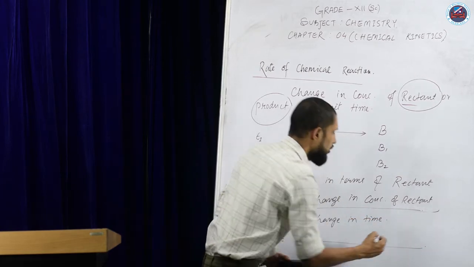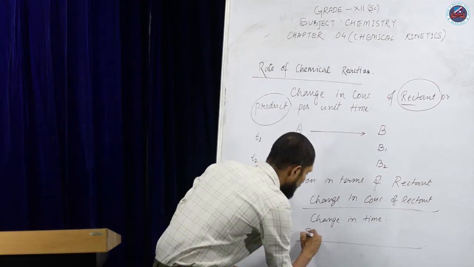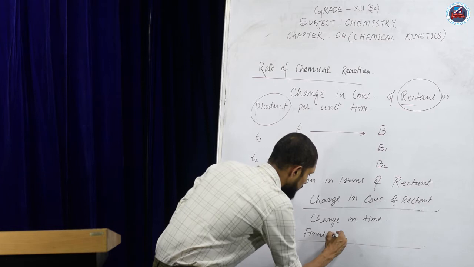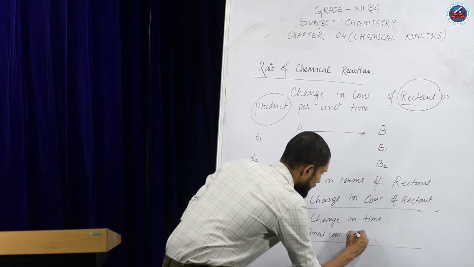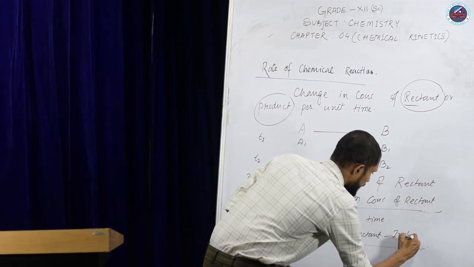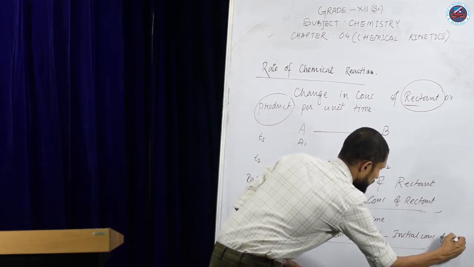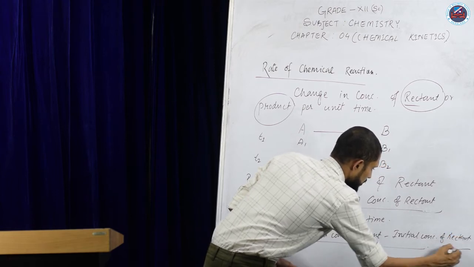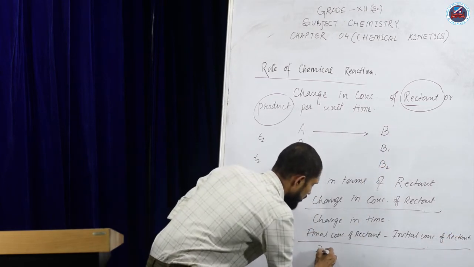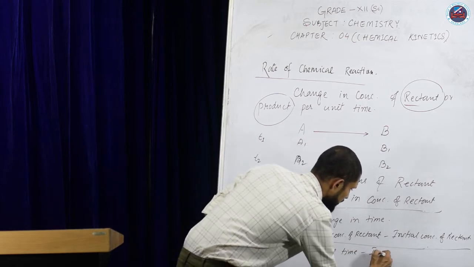Now we know change in concentration of reactant is equal to final concentration of reactant minus initial concentration of reactant. Similarly, in denominator, final time minus initial time.